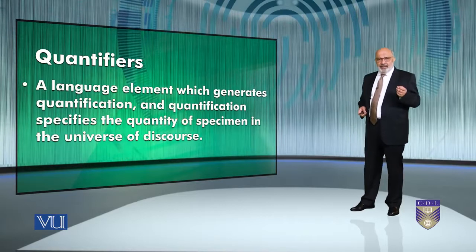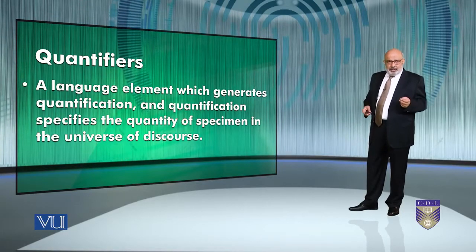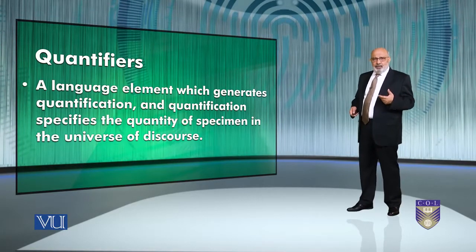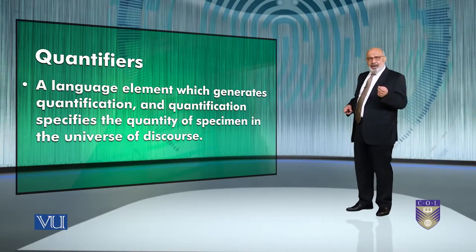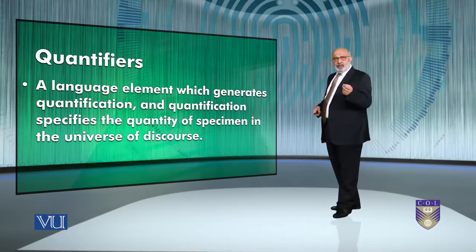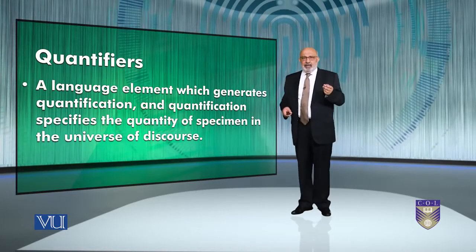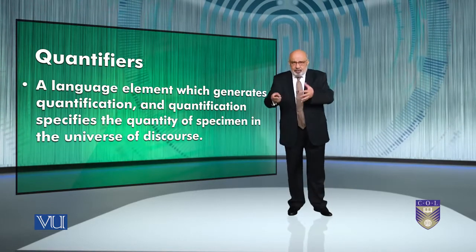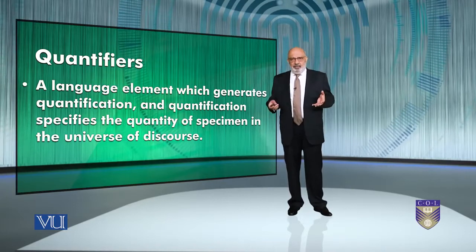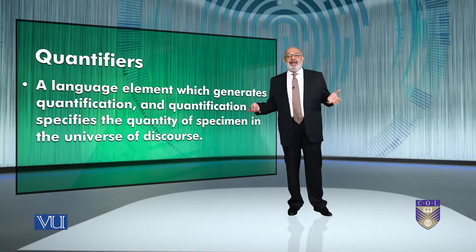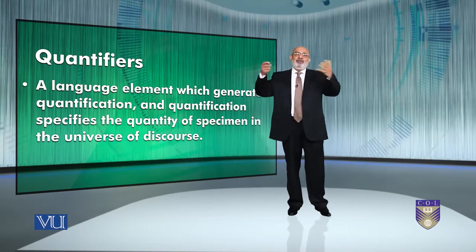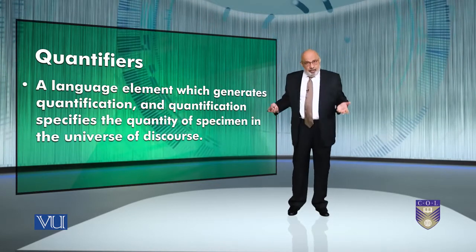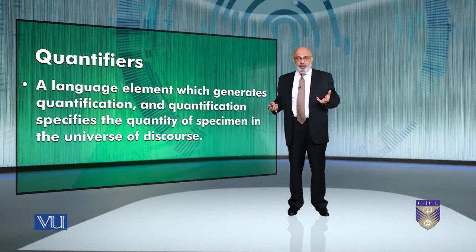A quantifier is a language element which generates quantification. And quantification specifies the quantity of a specimen in the universe of discourse, wherever we're talking about. We're talking about medical domains, that's our universe of discourse. In general, the world across the globe, yes, that's also our universe of discourse.